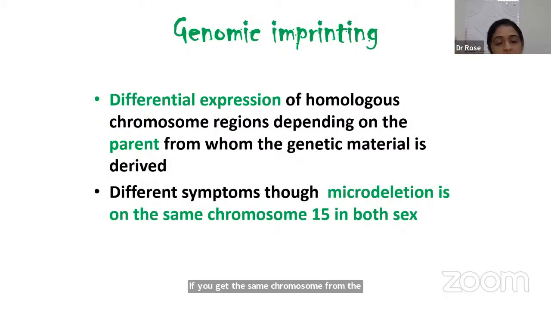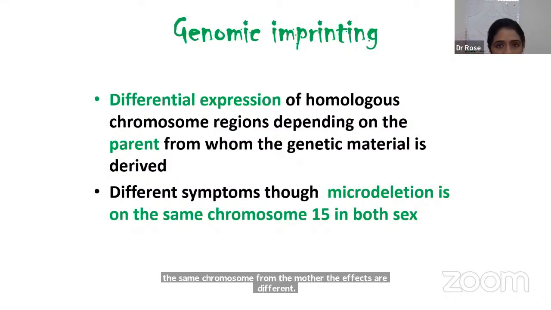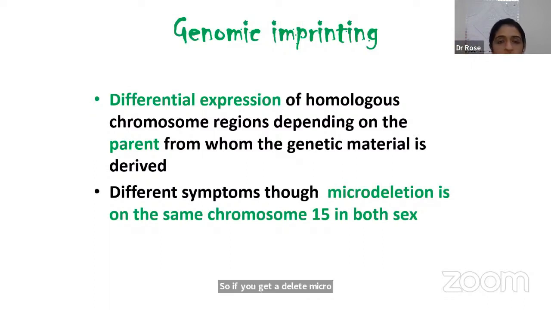If the same chromosome from the mother, the effects are different. So if you get a microdeleted chromosome 15 from the father, you call it Prader-Willi syndrome. And if you get a microdeleted chromosome 15 from the mother, then it results in Angelman syndrome. These are examples of genomic imprinting, differential expression of the homologous chromosome.